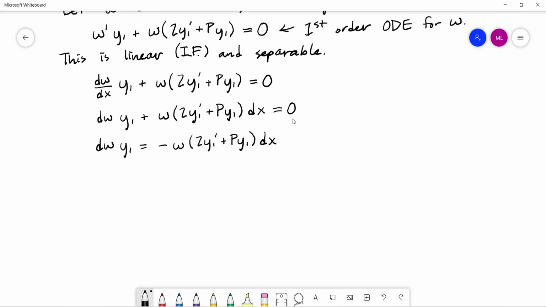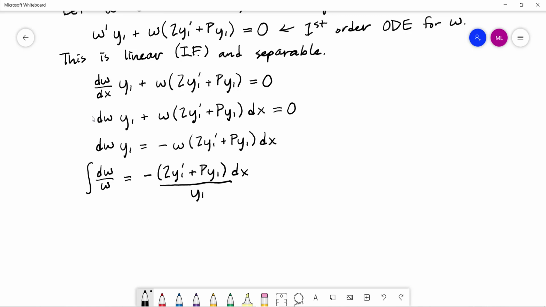So I've just moved this term over to the other side. I'm going to now divide by the w to get it onto this side, and I'm going to also divide by y1 to move that to the other side. So I'm going to have dw over w on the left, and on the other side I'm going to have negative 2y1 prime plus py1 dx over y1. So I've now separated all these things that are a function of x over to this side. Everything that involves w is over here on the left-hand side.